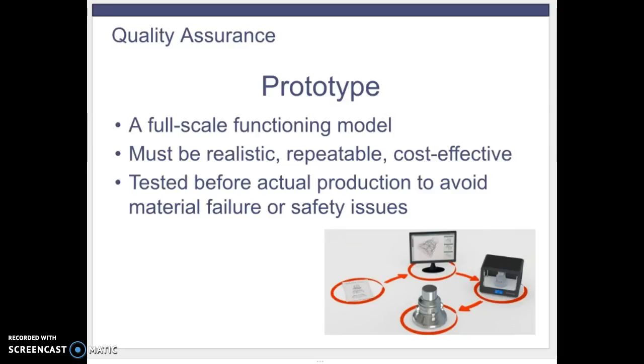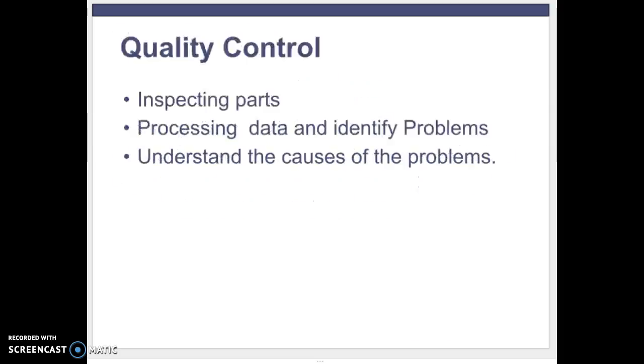It's then transposed into a computer, 3D printed. After it's 3D printed, then you see the prototype or what the product is going to look like. That way you can test the product before you put it into full production and make sure you know if the material is going to fail or there's a safety issue with it. So prototyping is a vital process of creating a full-scale functioning model.